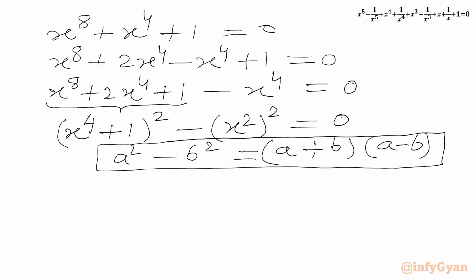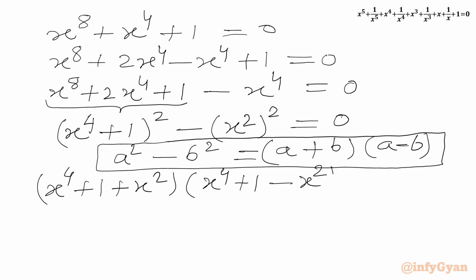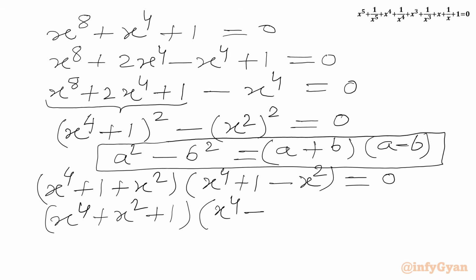We will get x power 4 plus 1 plus x square in one bracket. In other bracket, x power 4 plus 1 minus x square. RHS is 0. Or we can write x power 4 plus x square plus 1 times x power 4 minus x square plus 1 equal to 0.